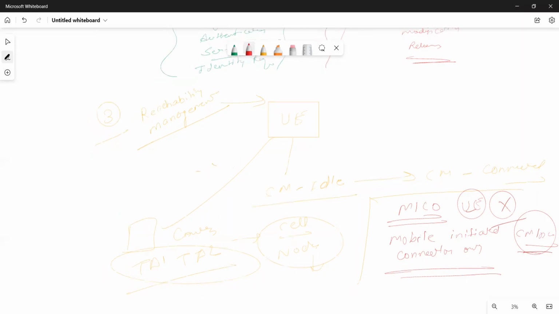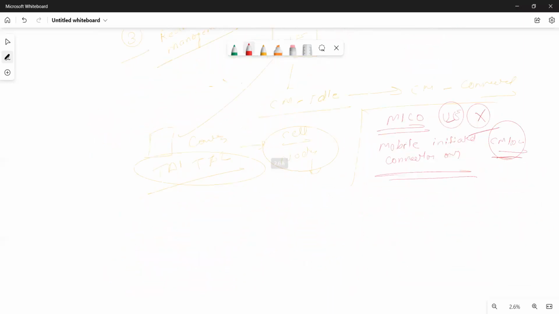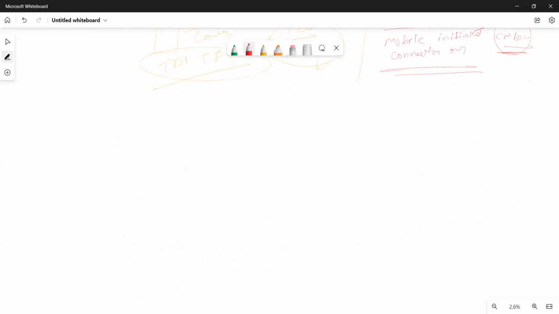So we have discussed three things here: one, registration, then connection, then reachability, and fourth comes mobility management.